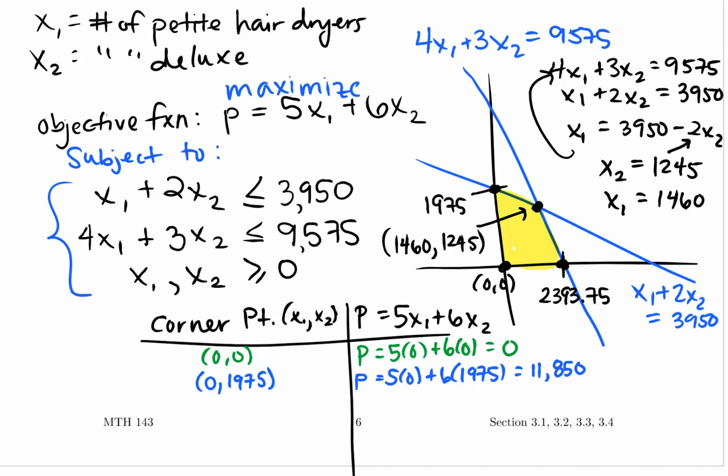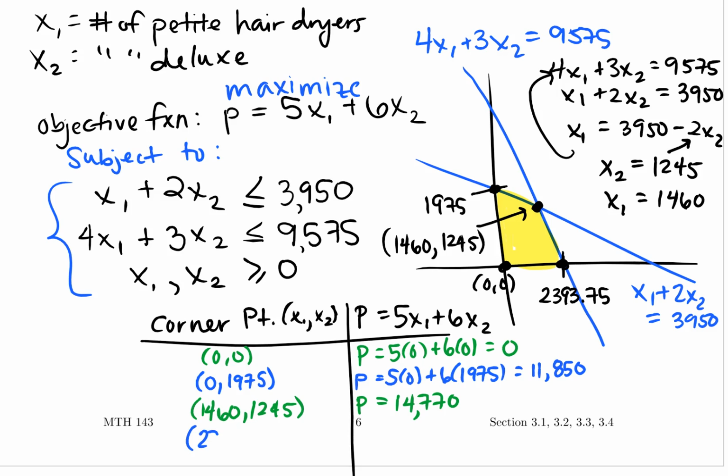So let's see if we do a mixture. Our corner point C that we found, 1460 and 1245. So our profit, if we plug in x1 and x2, this should come out to 14,770, which is higher than what we had previously. Okay, interesting. So let's see what if we go to the fourth and final corner point, where we produce no deluxe hair dryers and only petite hair dryers.